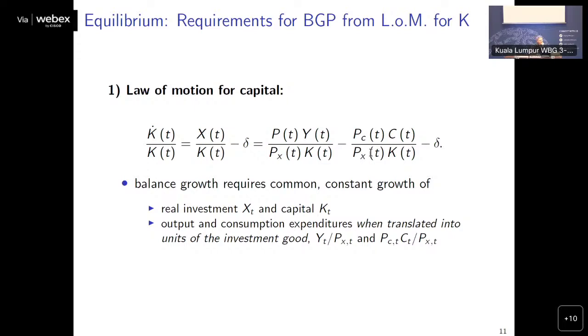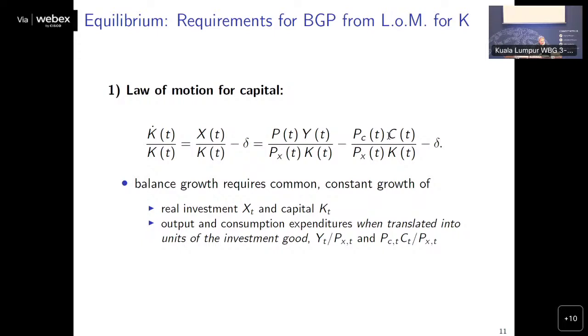P times Y is in the numerator and PC times C. So you need PX down so that, because you're moving to values overall. Oh yes, exactly right. This is going to equal PX times X. That's exactly right. Thank you, good catch.